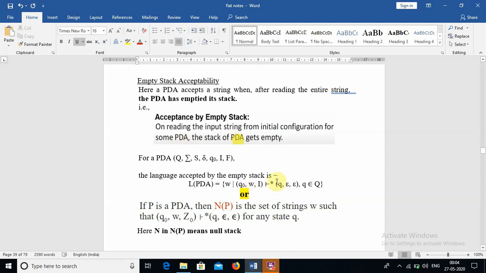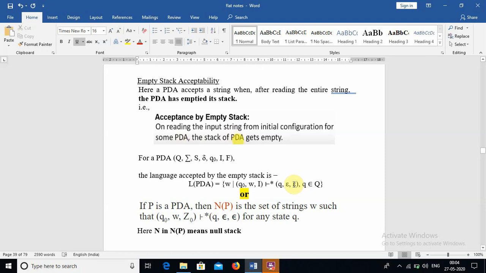Previously we should reach the final state, but here whether we reached a final state or not is not important. The entire input string should be consumed, and that is the thing here. So what is there in the stack? Here nothing is there, so that is nothing but emptying of the stack.